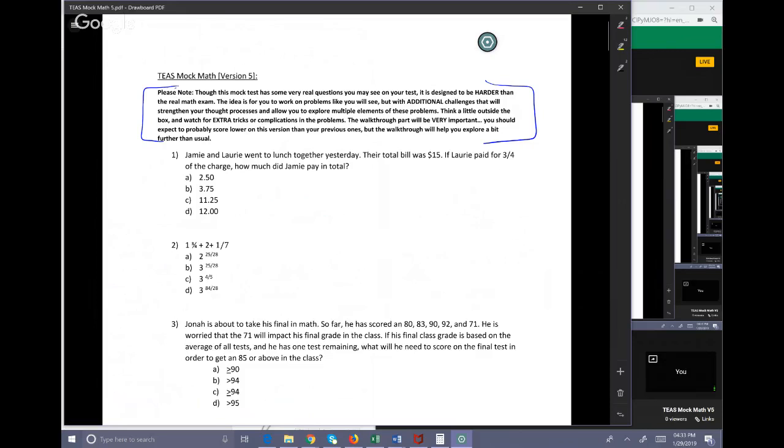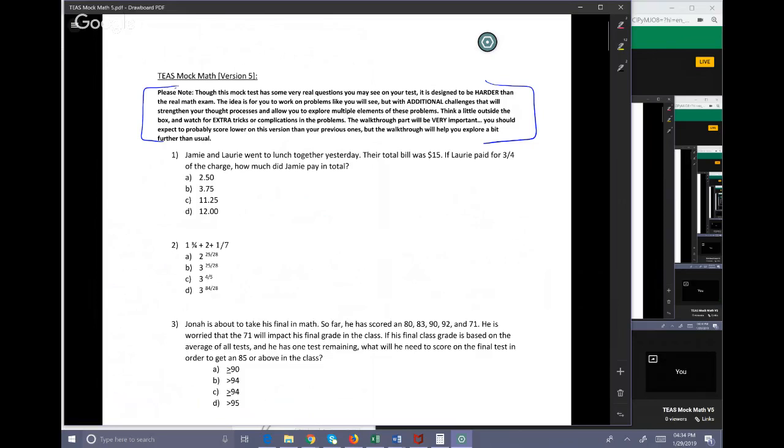So scale-wise, your score on this test is going to be lower than what it would be if you were at your TEAS today taking the math, because I put a lot of sort of worst case scenarios, extra practices. I did that because of who would typically take Mock 5 and where that student would be in their program. So most likely you've done quite a bit with math.